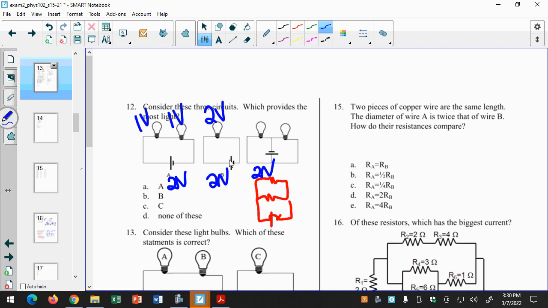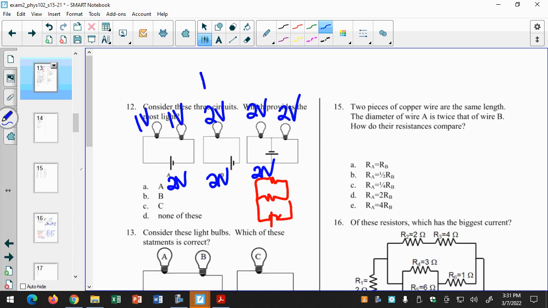And because these are in parallel, I'm going to get 2 volts on both of them. So the one that provides the most light is C, because I have 2 light bulbs, each with 2 volts. The next one will be B, and then the least bright will be A.